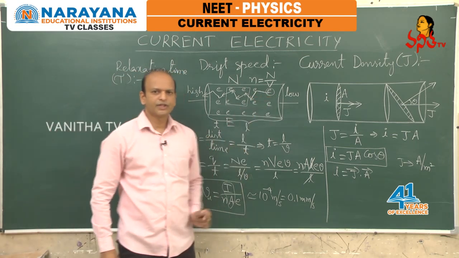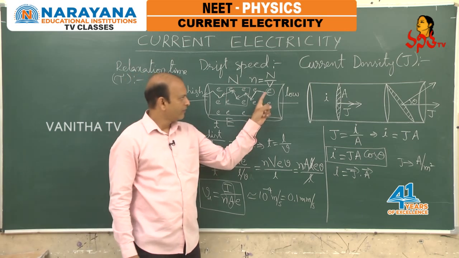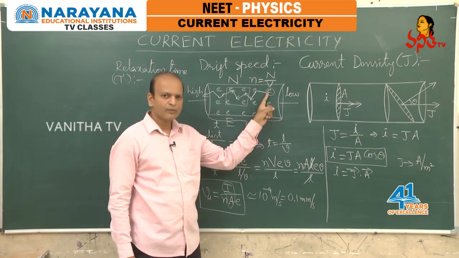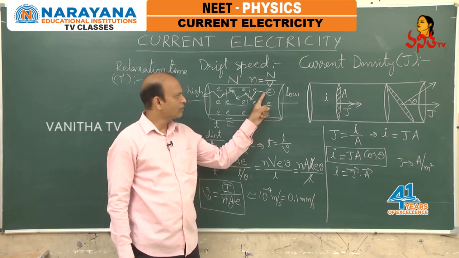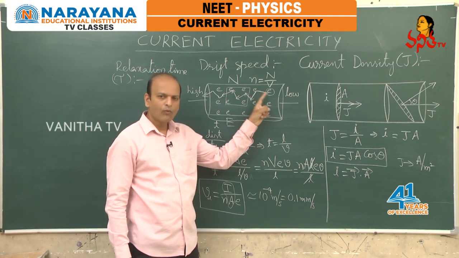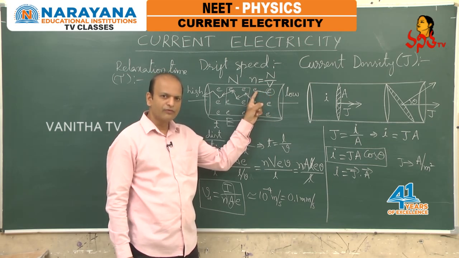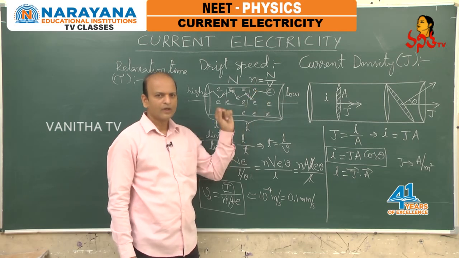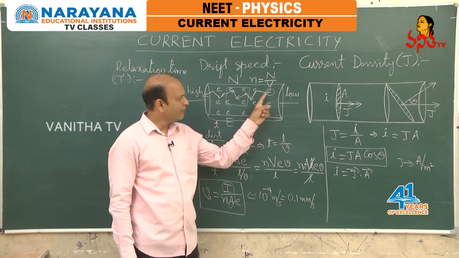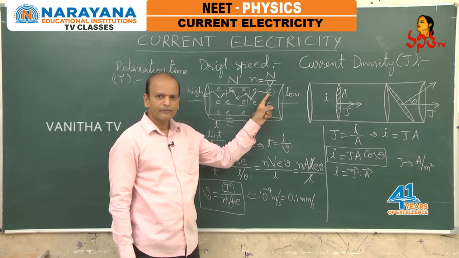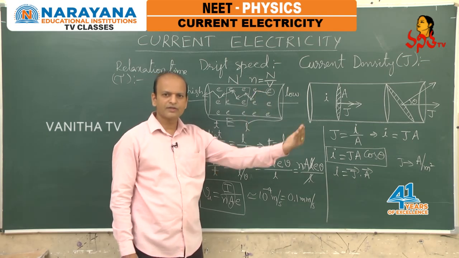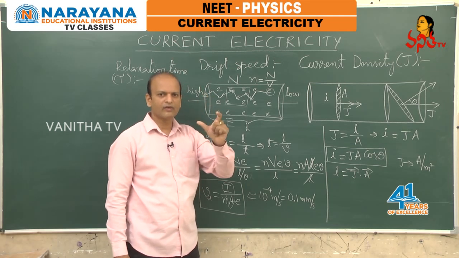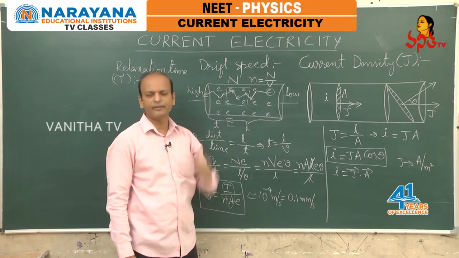What is relaxation time? Whenever an electron is moving without collision, the time it takes to move is what we call relaxation time, or the time interval from one collision to the very next collision, whatever gap is there, that is what we call relaxation time.